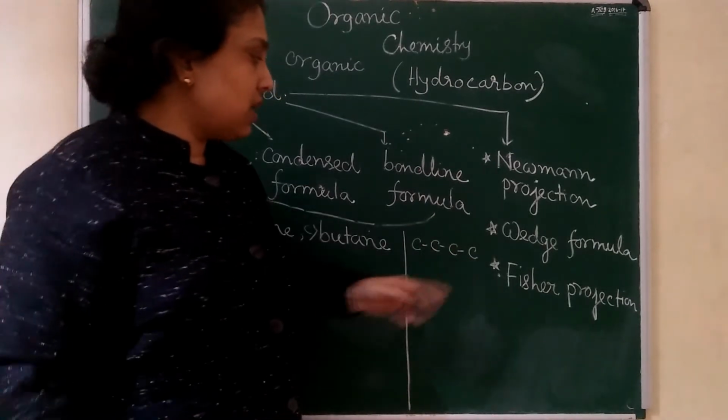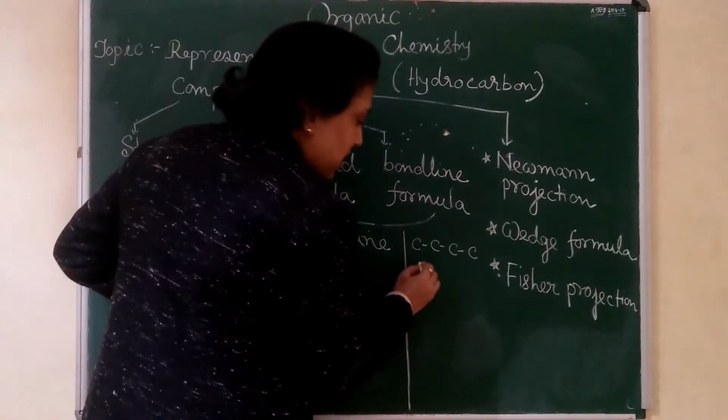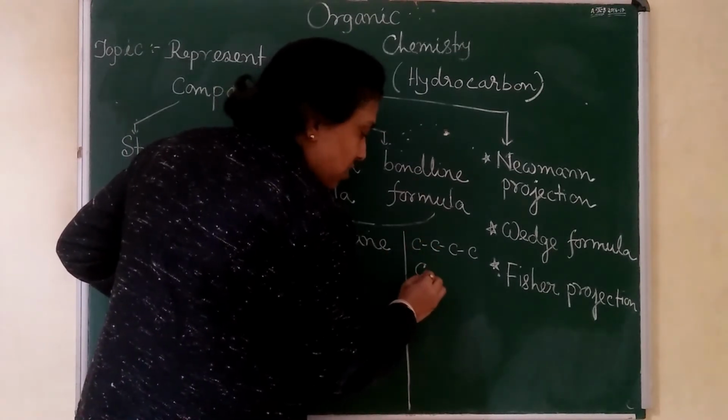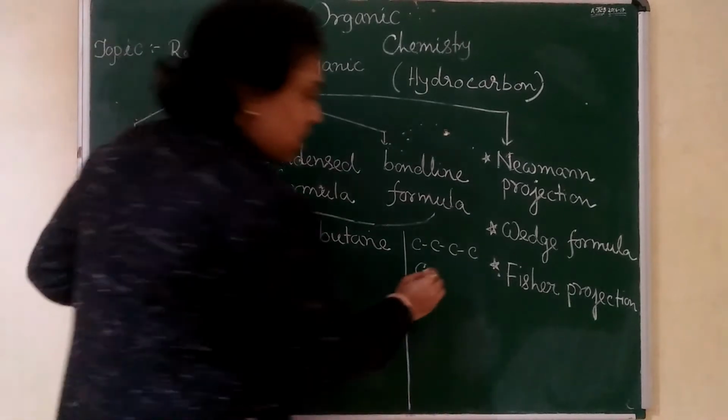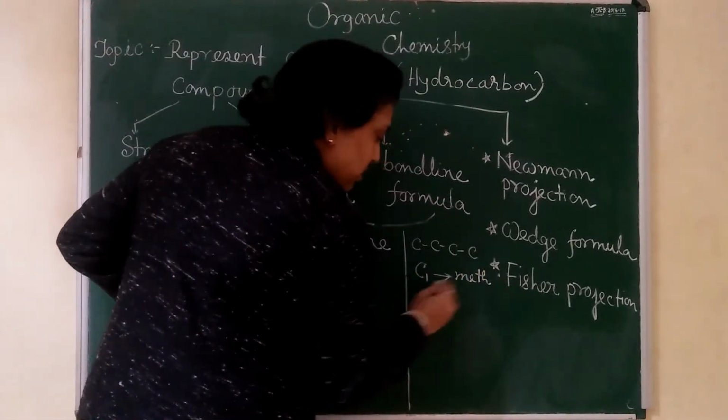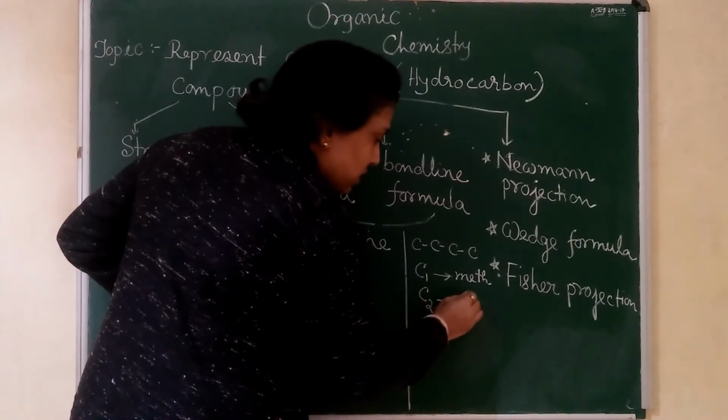Now in the chain, if only a single carbon is there, that is C1, we call it meth. C2 is called eth.